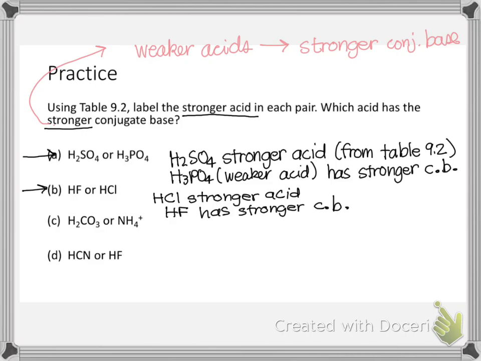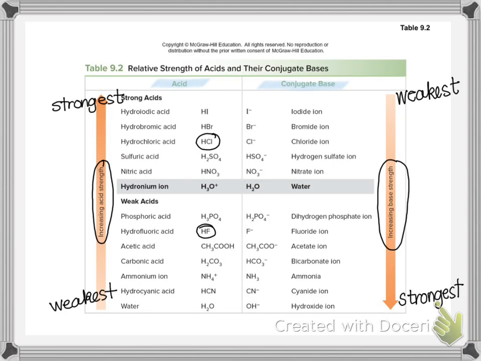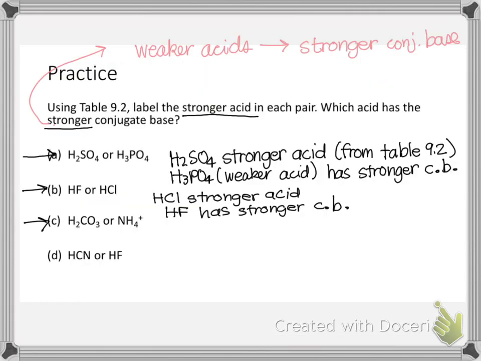Okay. H2CO3 and NH4. Okay, let me again erase this so I can see. H2CO3 is right here. Oh, and NH4 plus is right below it. So H2CO3 is stronger because it gets stronger as you go up. So H2CO3 is the stronger acid. And the one with the stronger conjugate base is the weaker of the two.